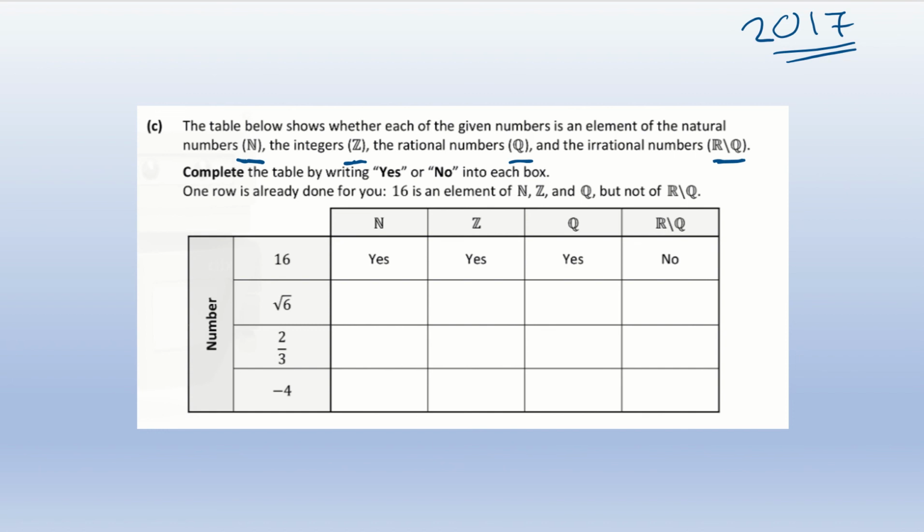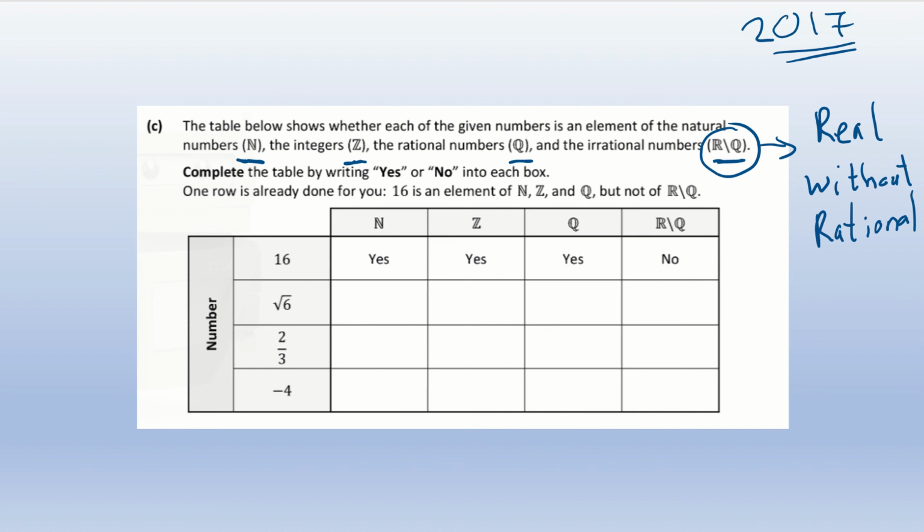So something that we haven't seen before, but R\Q means in sets notation, the long way of writing this would be your real numbers without your quotient. So in other words, rational numbers. So real without rational. And you might think, well, what does that actually mean? What would that look like?